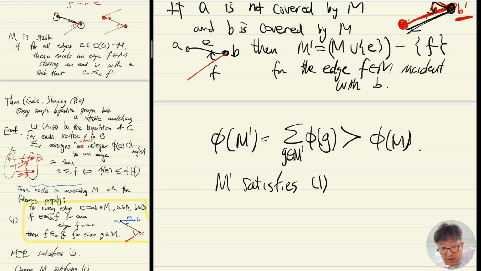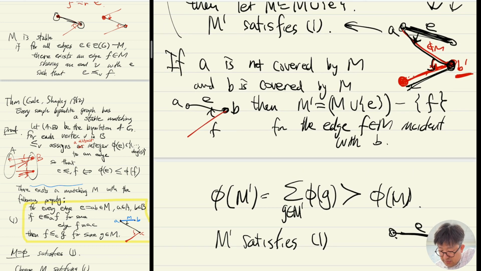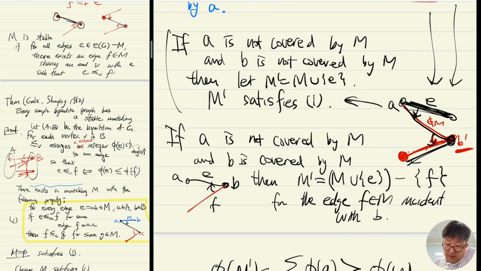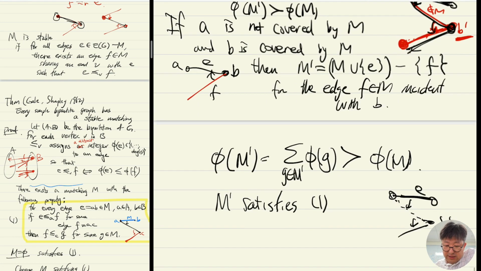I hope so, because we are adding this edge E, and again by the same logic, if you have a better one, then there was a reason why we didn't choose this edge, because say B prime actually prefers someone else. So by the same logic here, it still satisfies 1, and the value is bigger, that's a contradiction. Here again it's the same thing, the value is bigger, so it's a contradiction.